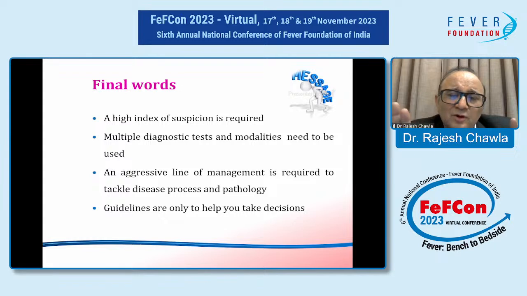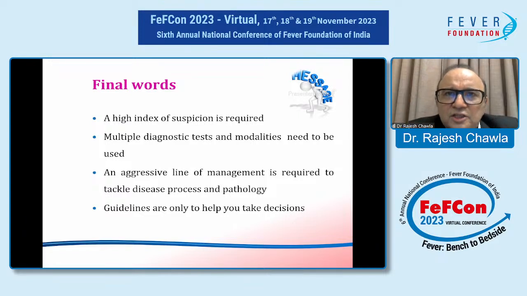So in the last about 20-25 minutes, I have given you a large number of causes, a large number of conditions which can present in the emergency. History and examination, I think, is the key. We should not send all the investigations by knee-jerk reaction and resuscitate the patient well but not take the history and examination.